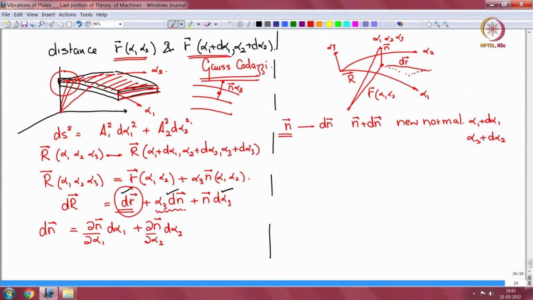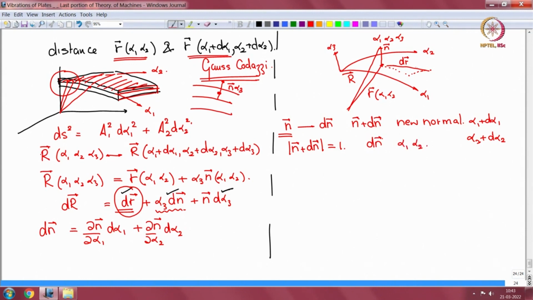So it is a new normal. That means this also should be a unit normal, equal to 1, and therefore dn changes have to be in the alpha 1, alpha 2 directions.